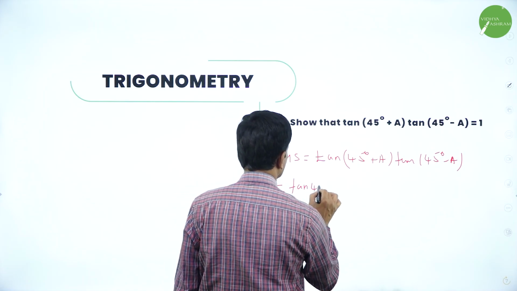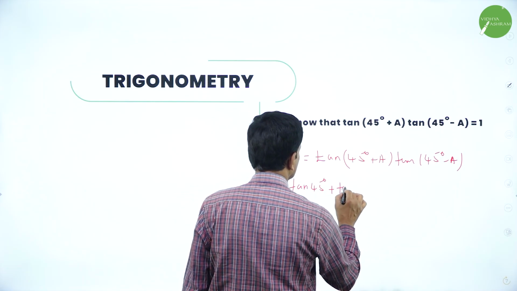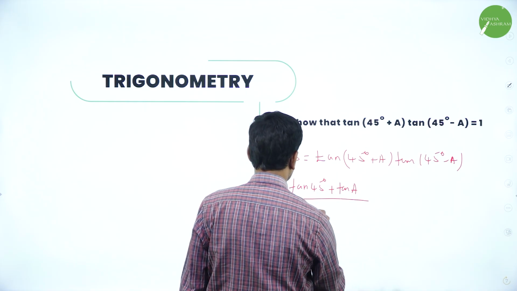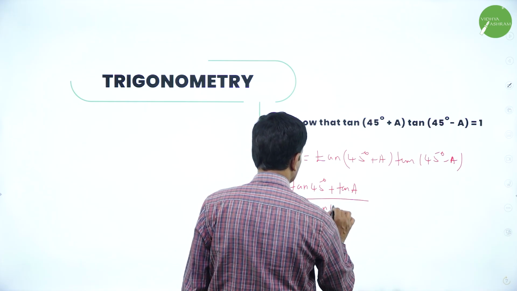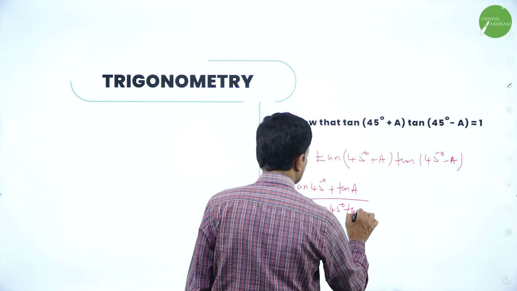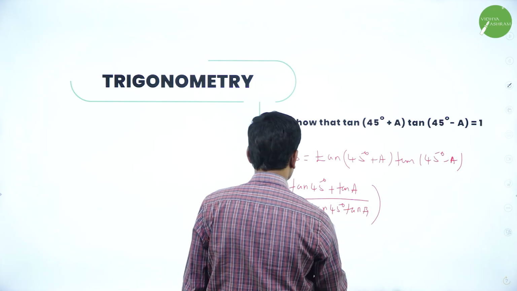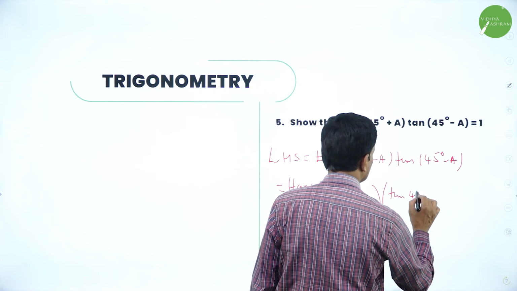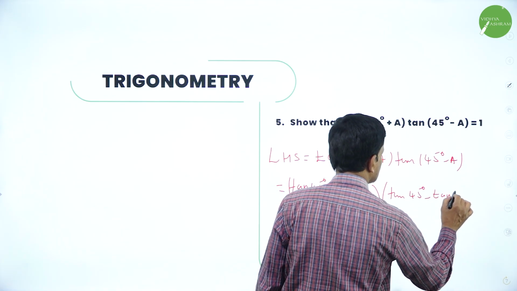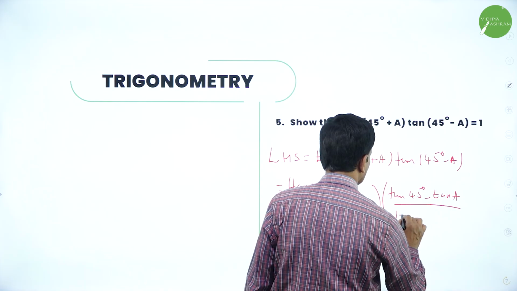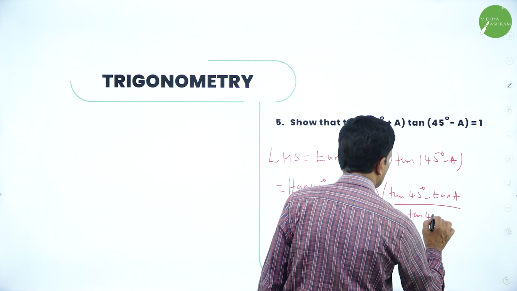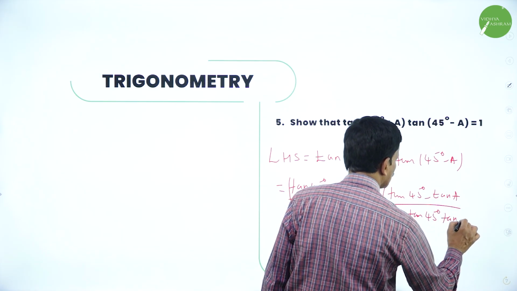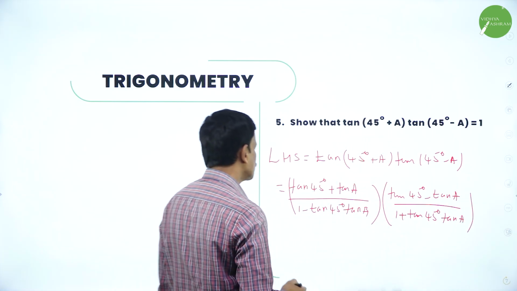Tan A plus B is equal to tan A plus tan B divided by 1 minus tan A tan B, right, into this is tan A minus B. Tan A minus B is equal to tan A minus tan B divided by 1 plus tan A into tan B. Okay. Now substitute the values.